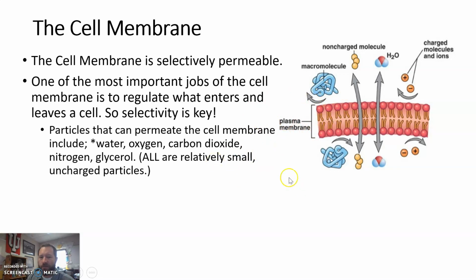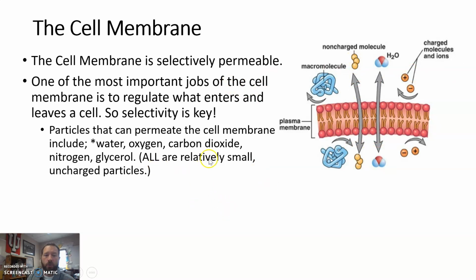So particles that can permeate or travel right through the membrane are generally small, non-charged particles. Water, I've got an asterisk there, we're going to cover that on the next page. Oxygen, carbon dioxide, nitrogen, glycerol, these are all particles that are really important for the cell, and so it's important that they can travel right through the cell membrane with relative ease.